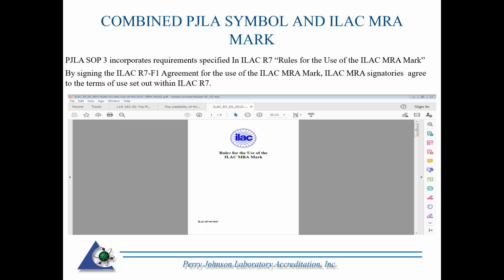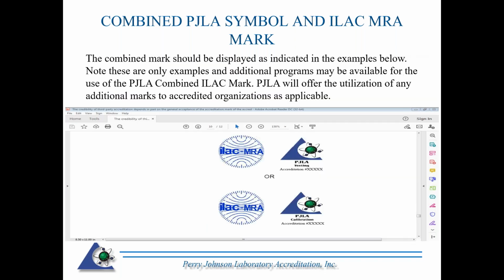Again, here's a copy of R7. So that's where we are. These aren't things we are pulling out of our hat. These come from the ILAC R document, this rules document, these protocols for using our symbol in conjunction with the ILAC mark. And then how can you use it?